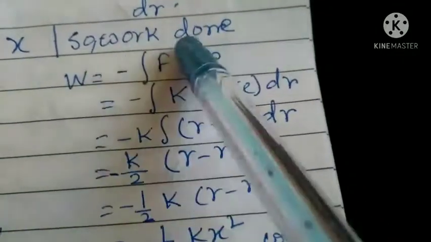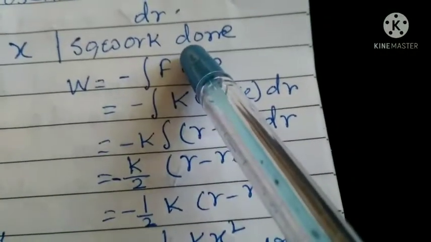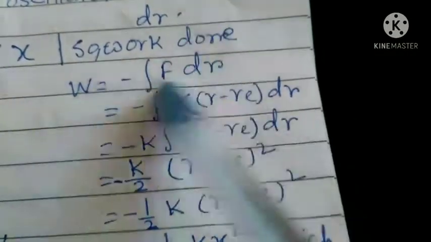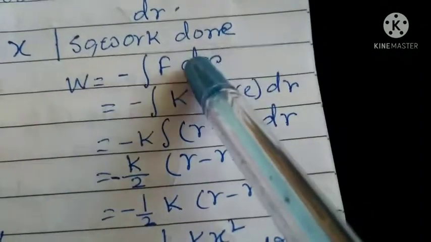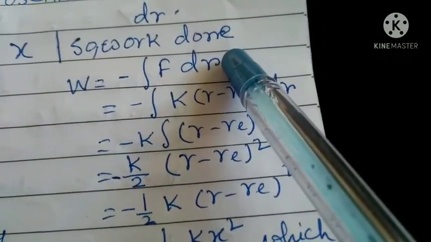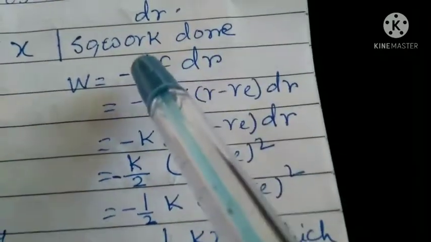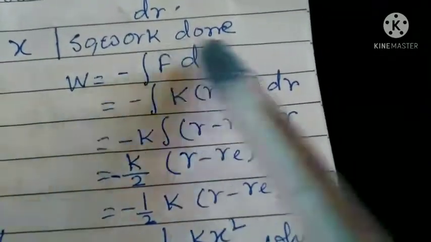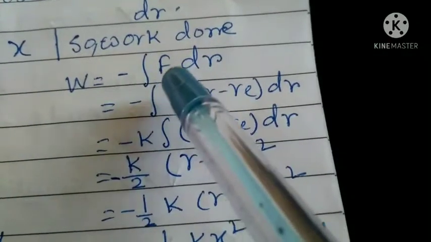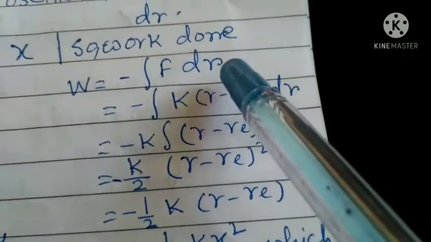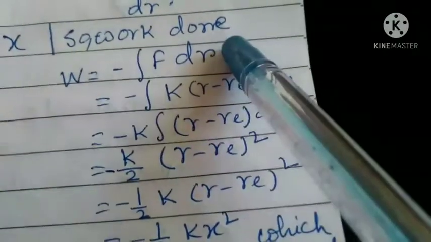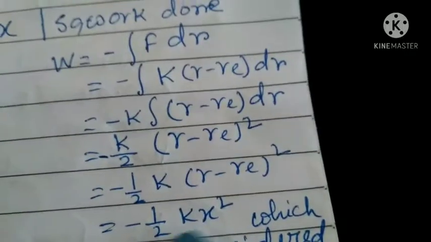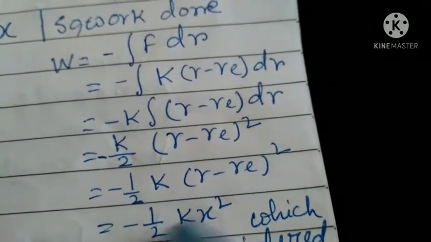So for simple elastic stretching, or for an elastic force, we know that if work is done, that is stored as potential energy in the molecule. So the work done here we can consider as potential energy stored in the molecule, that is minus half k x squared.